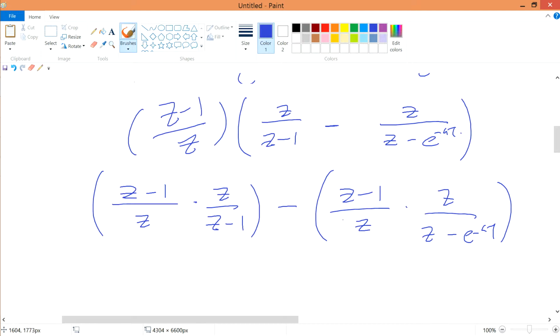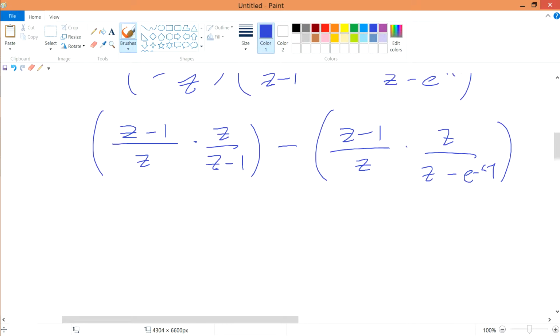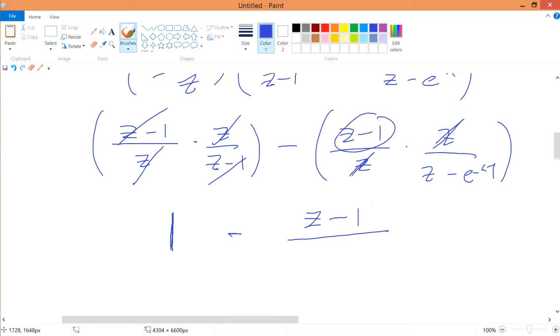From here you can clearly see that they can actually cancel each other. This z can cancel with this z, sorry, my fault. Z minus 1 will continue, while this one over here is z minus e to the minus aT.